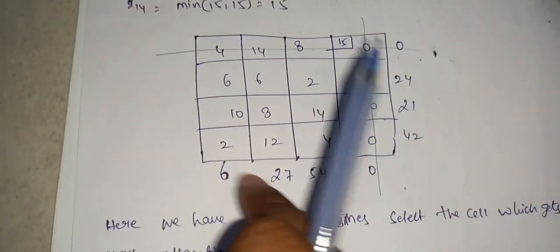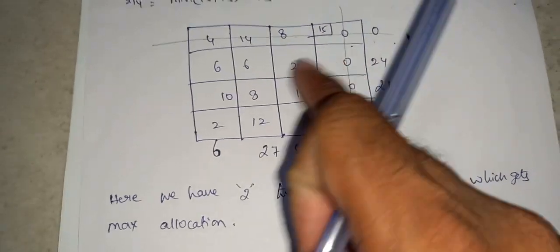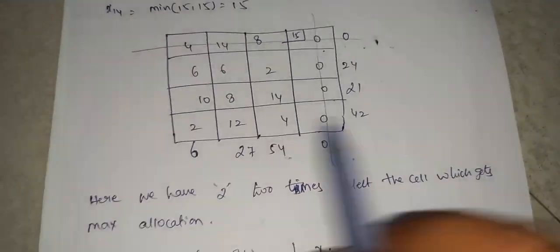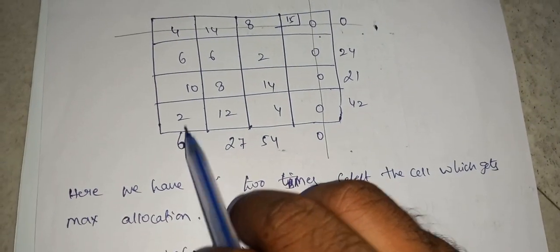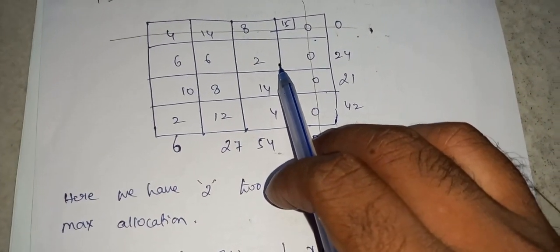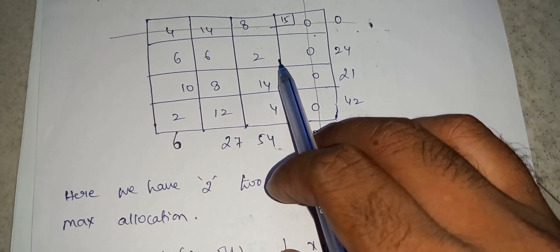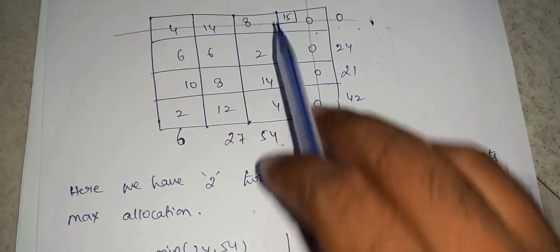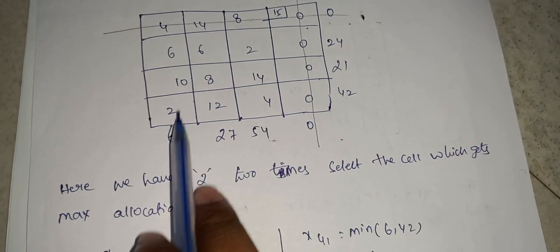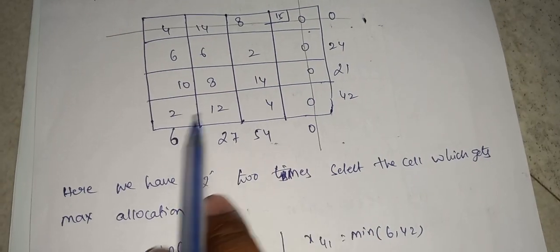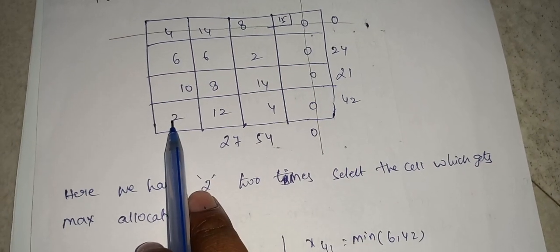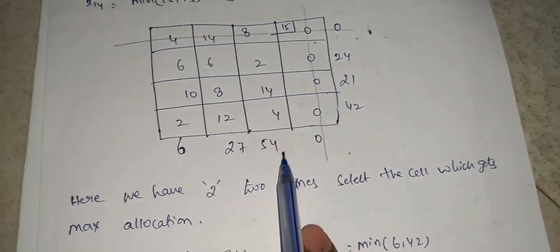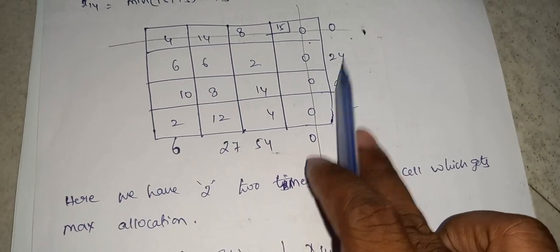Next, again the least cost. Here the least cost is 2, and it appears 2 times. So in this case we can select either this value or this value, but to get the optimum solution we have to select the cell which gives the maximum allotment. Suppose you select 2 here, the minimum of 6 and 42 is 6. Here we will assign 6, and among 2 and 20, if you select the 2, the minimum of 54 and 24 is 24.